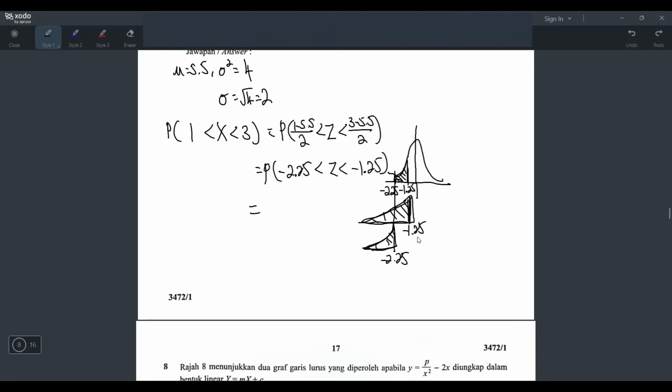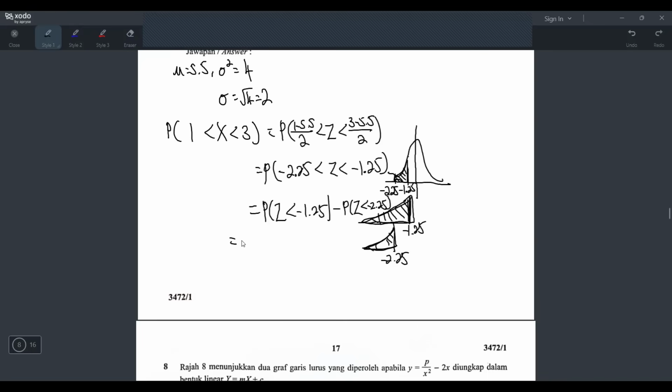Okay. So how to get the besar punya kawasan? You will find the probability for Z smaller than negative 1.25. Why smaller? Because it's towards the left. Okay. And then minus with P(Z smaller than negative 2.25), right? Okay. So this is your working.